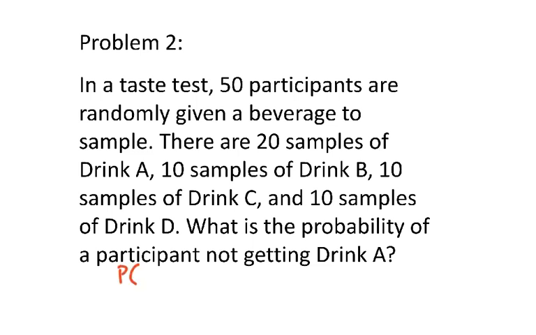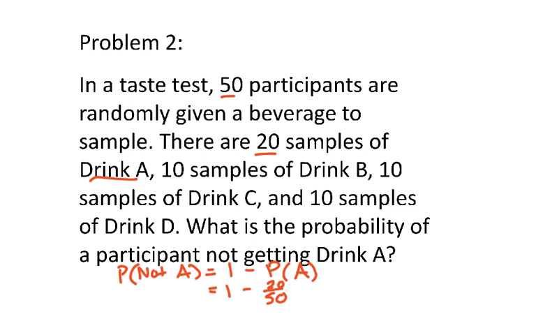So the probability of not getting A would be 1 minus the probability of getting drink A. Well, the probability of getting drink A would be 20 out of 50, because there's 20 samples of drink A out of a total of 50 participants.